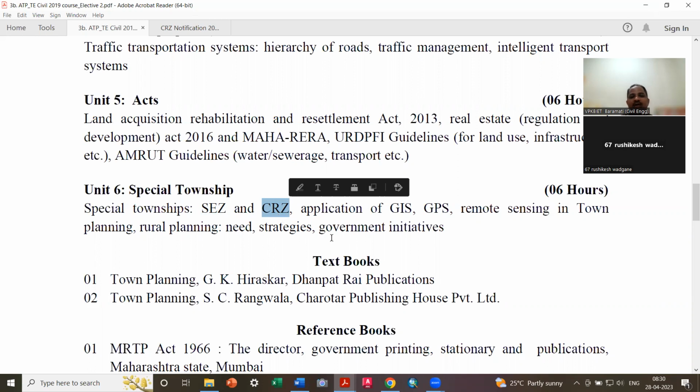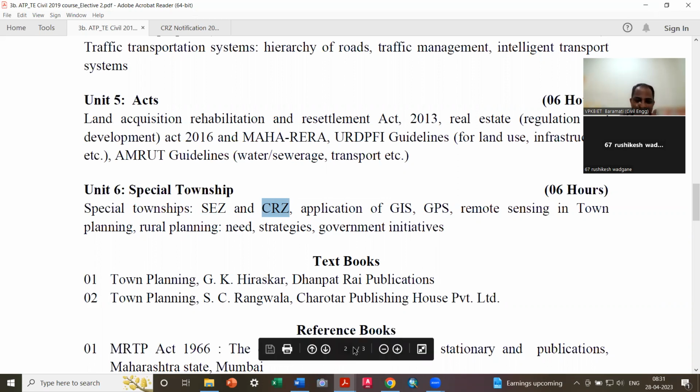Coastal Regulation Zone. Likewise, development control rules are there in our urban areas; accordingly, some rules and regulations are there for the coastal areas.